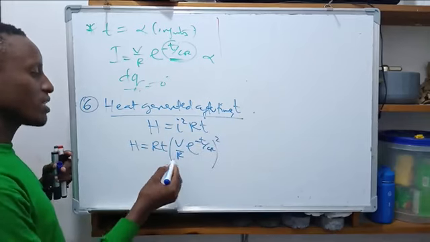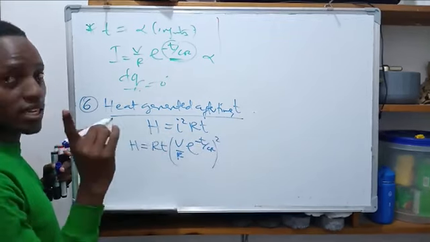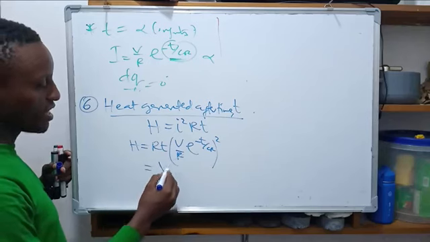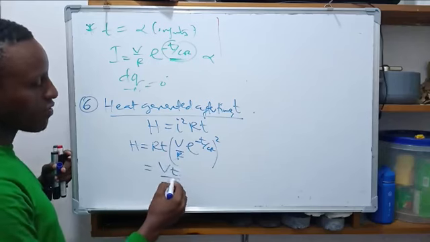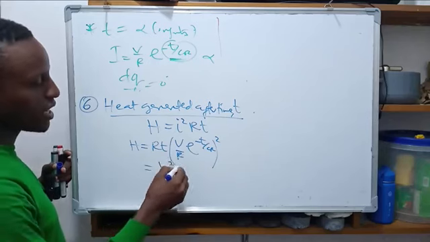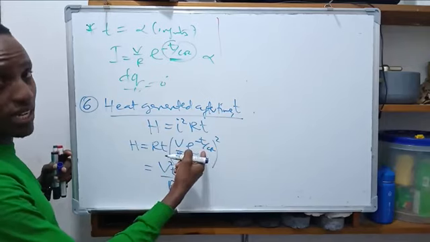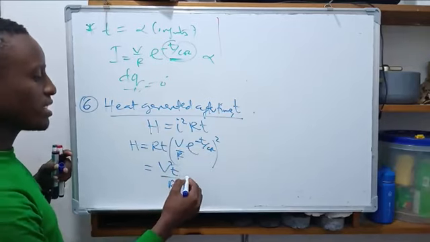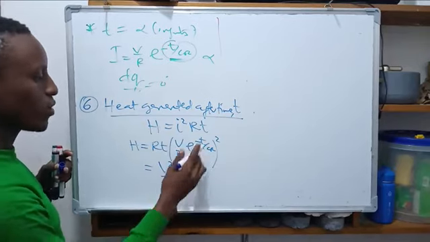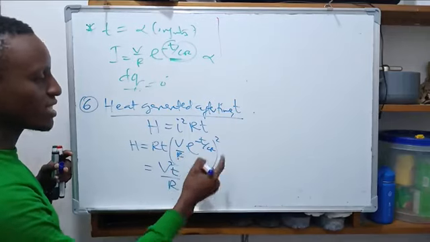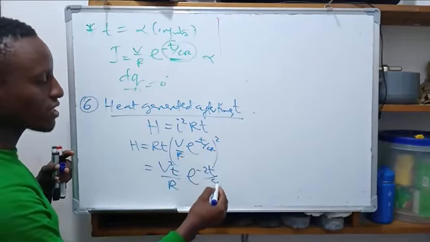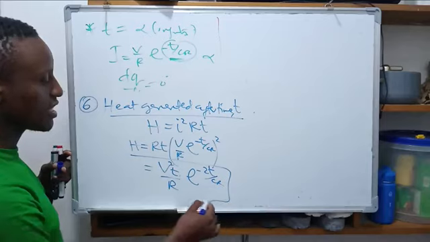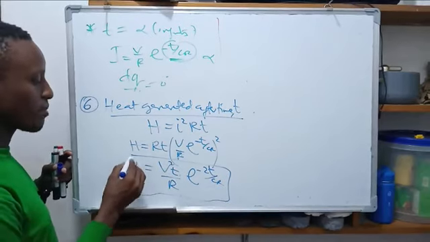So this will cancel with this one, and we have V squared T over R, while this one comes to be e to the negative 2t over CR. That's the heat generated after a time.